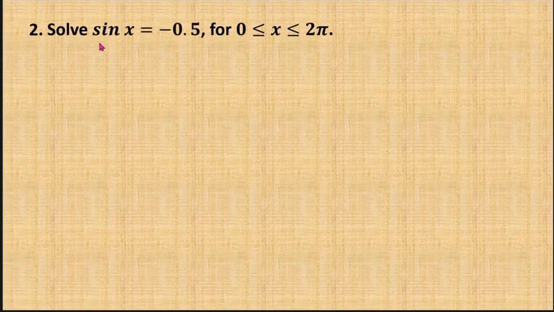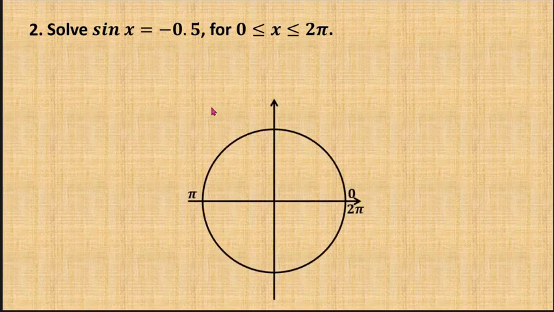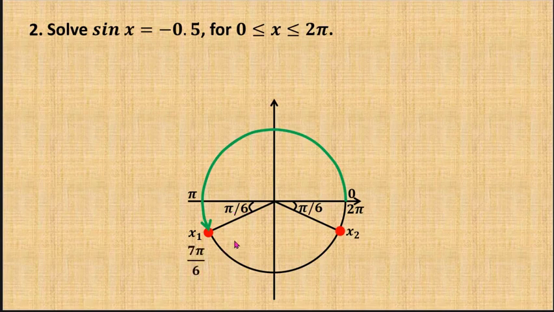If the question is sine x equals negative 0.5, which means that the angle should be in the third quadrant and the fourth quadrant. To find the value of the angle x1, it starts from 0 to x1 in the direction of anti-clockwise. This value can be obtained by using pi plus pi over 6, which is equal to 7 pi over 6.